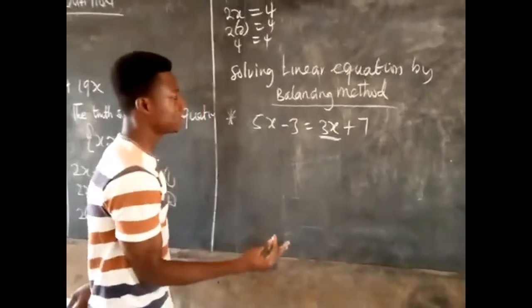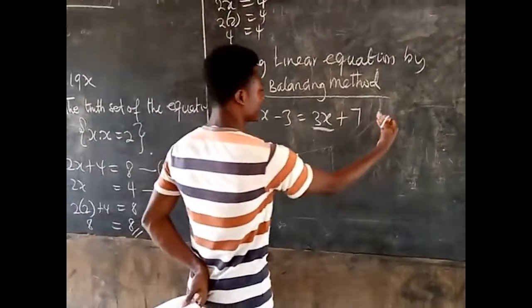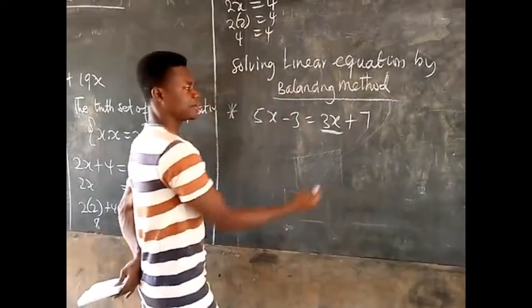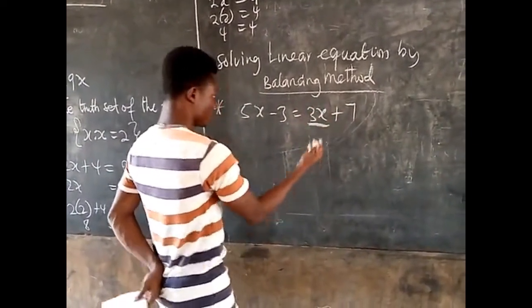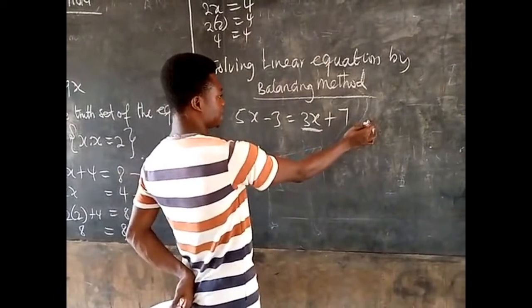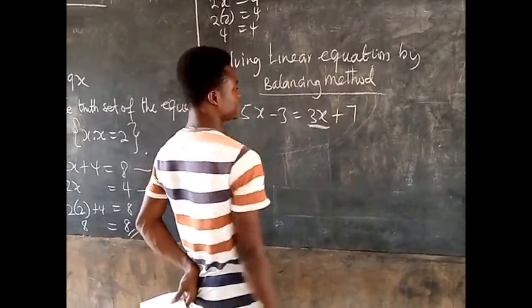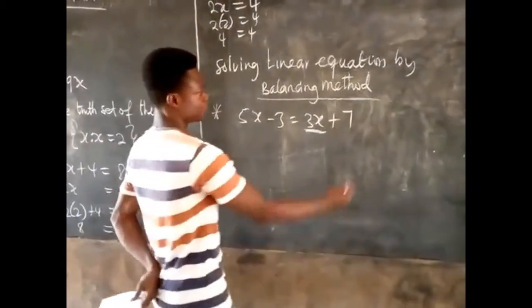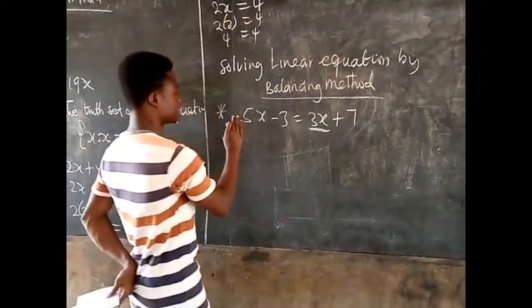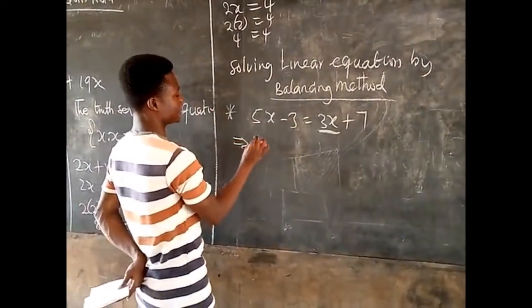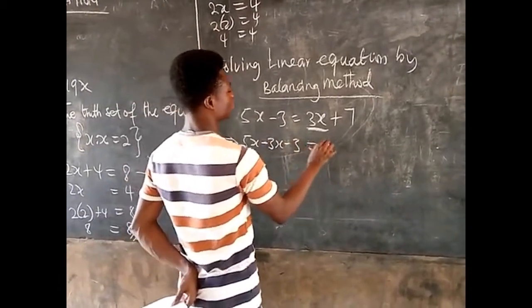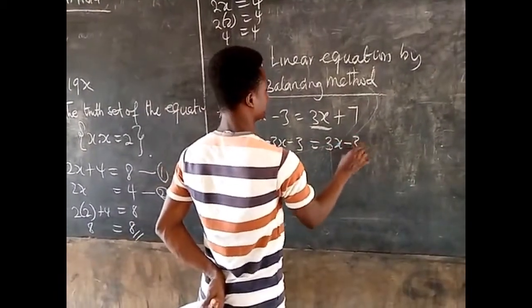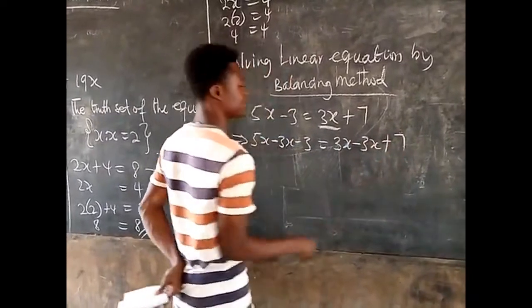What do we do? We subtract 3x from this equation, and then 3x will go away. As the rule says, subtract the same quantity from both sides of the equation, so we subtract 3x from here and subtract 3x from here. So we have 5x - 3x - 3 = 3x - 3x + 7.